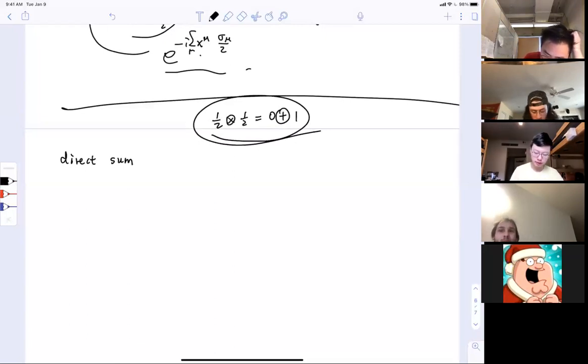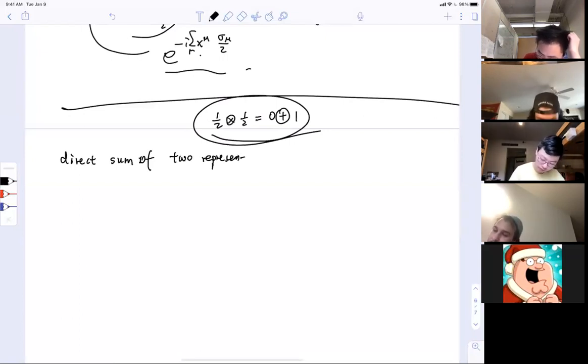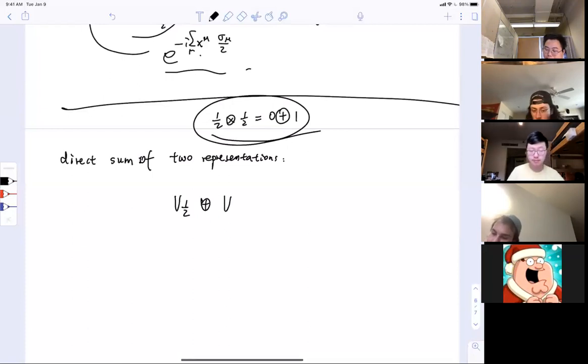Okay, so the direct sum of 2 representations. Let's say I have a spin 1/2 representation, and I have another representation, spin 1 representation. First, like what I said before, you need to tell me what's the basis of this representation space.